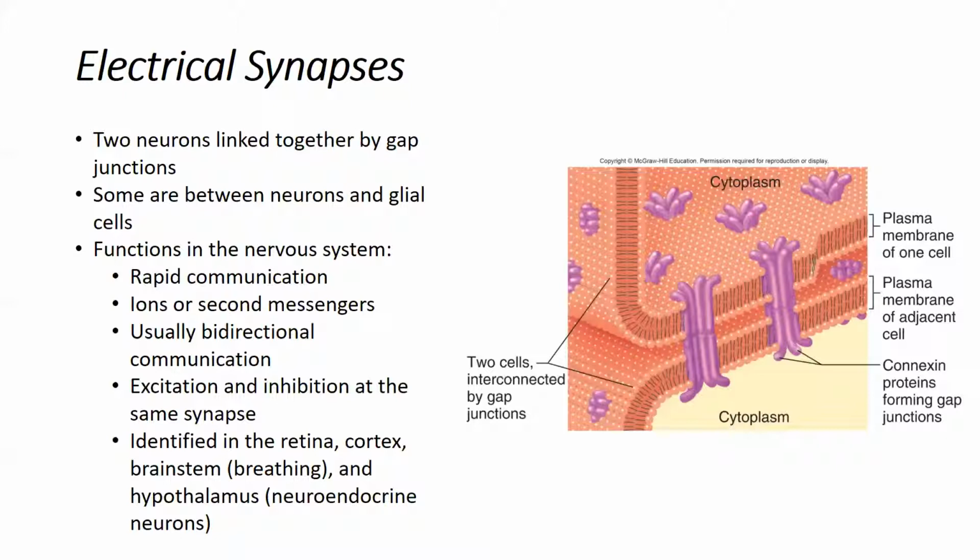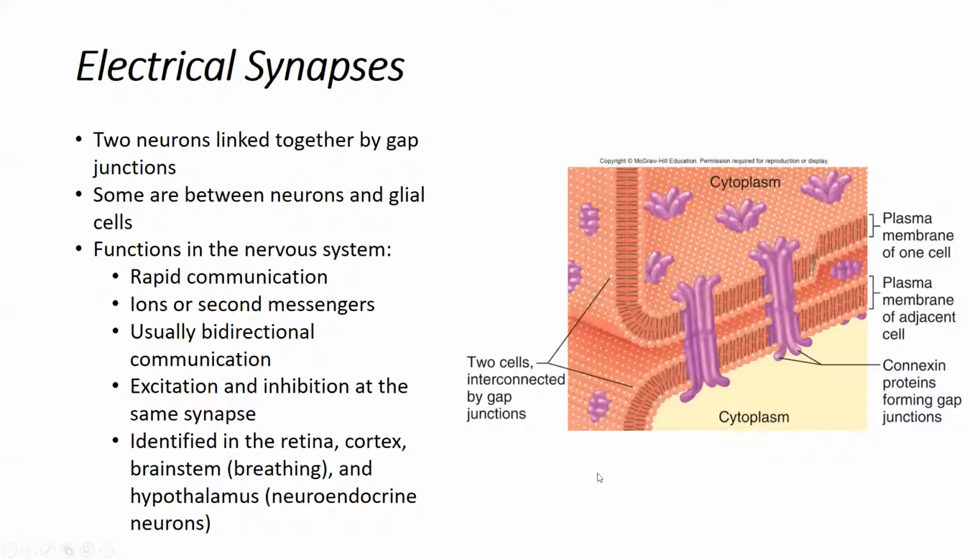Now, the flow of information here is usually bidirectional, and it's the direct flow of current from one cell to the other. This is why we call this an electrical synapse. We don't have any neurotransmitters here, we don't have any vesicles here. So depending on the needs of one cell versus the other, we can have the flow of current going in either direction across that gap junction.